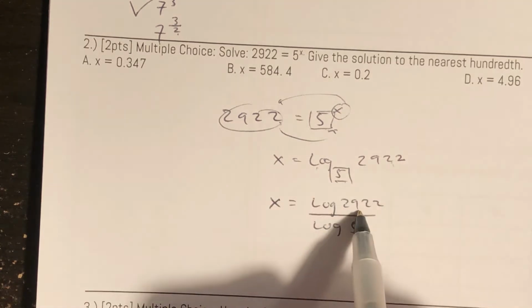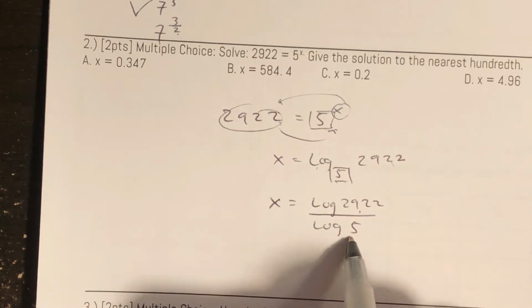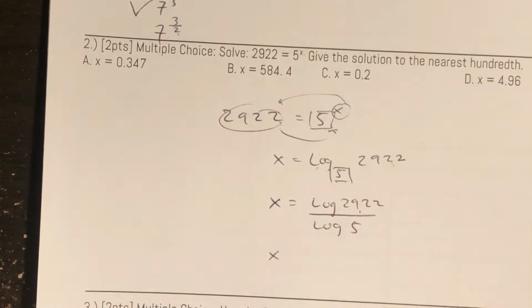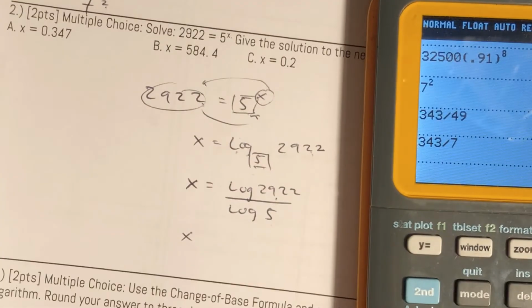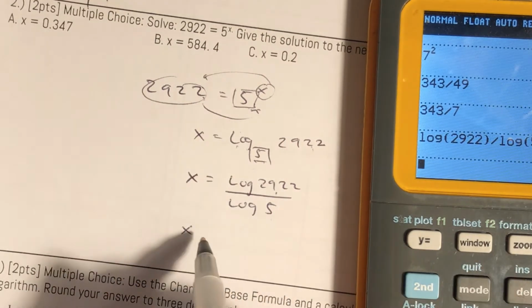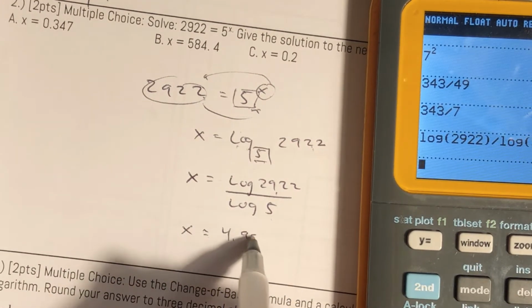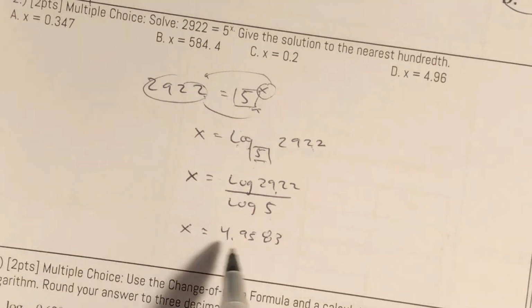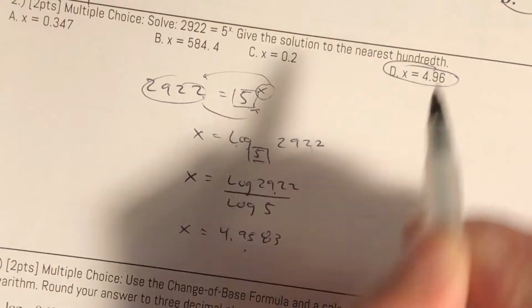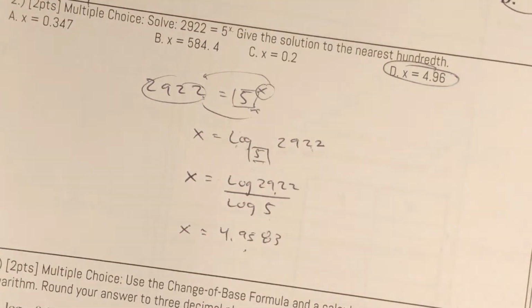The second part becomes your numerator, and the base becomes your denominator. So I can put that in my calculator. So I'm using the change of base formula here. That was the number we were talking about, closer. And this would be choice D as your answer.